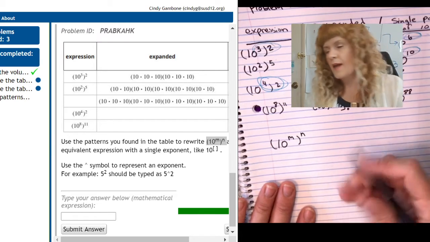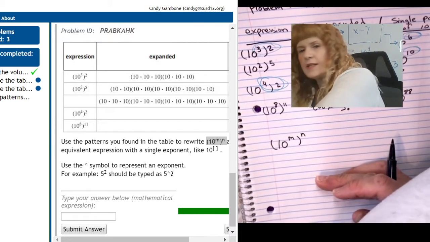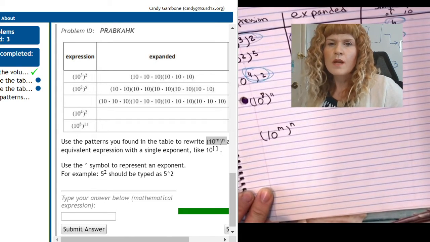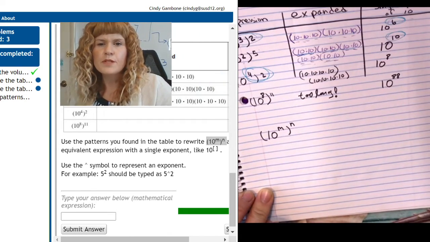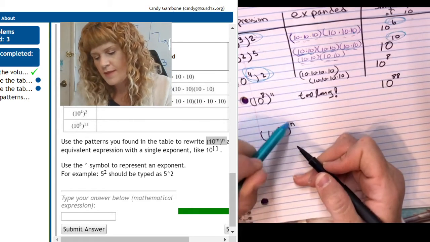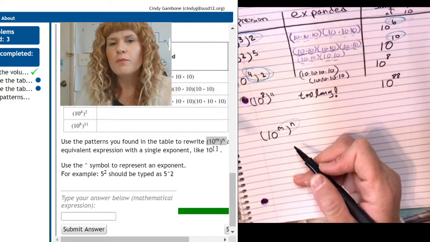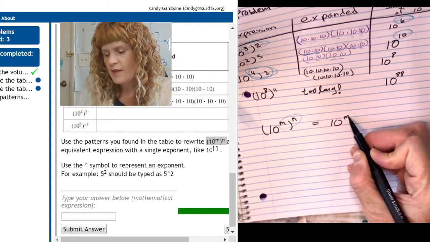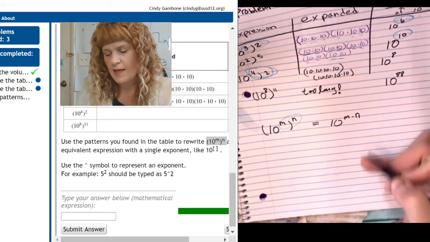Well, remember that when we looked at it in the table, we saw that the exponents multiply. When you have power to the power, then these exponents multiply when you simplify. So that's 10 to the m times n.